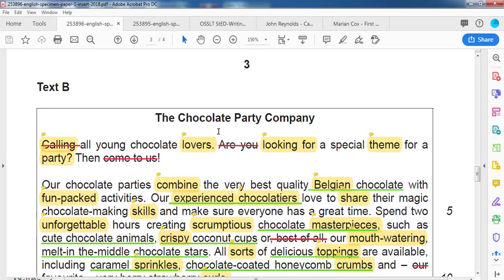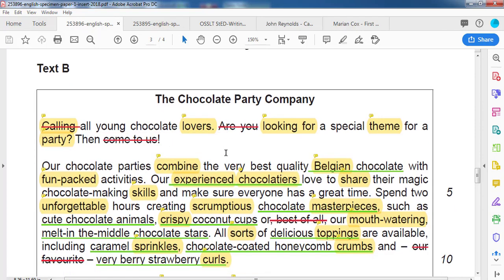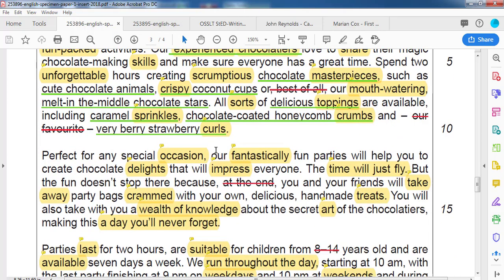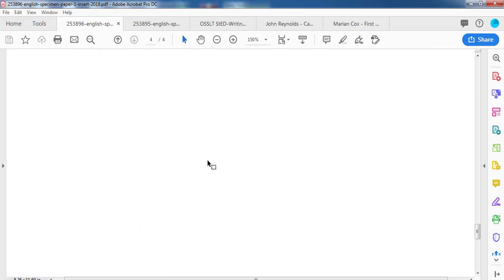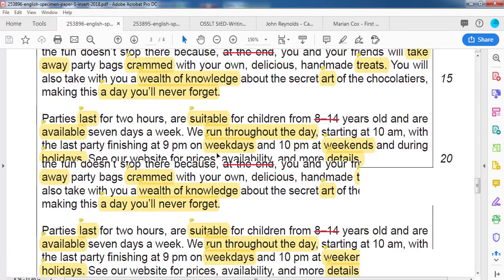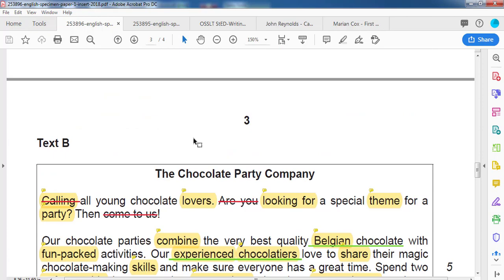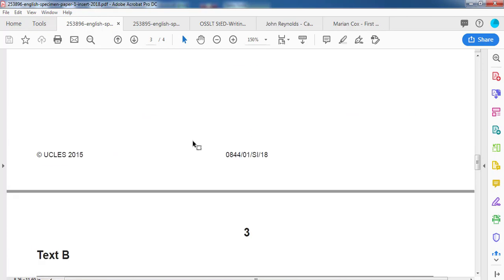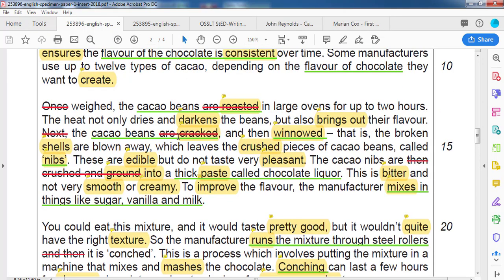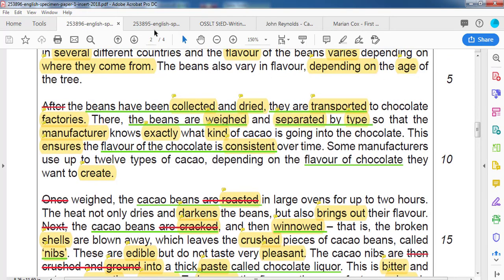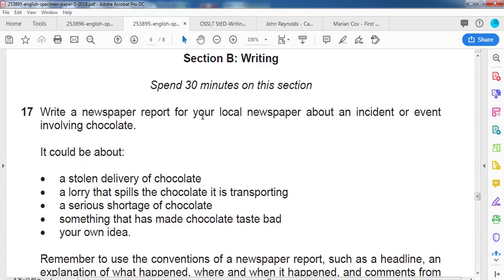It means the reading text was an informative text, and the second one was advertising writing.